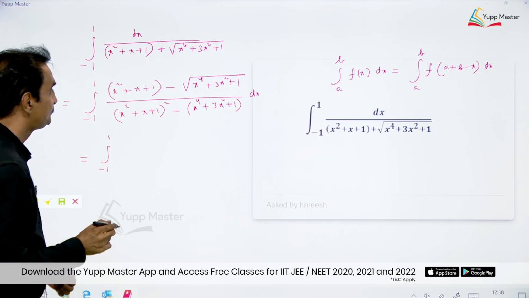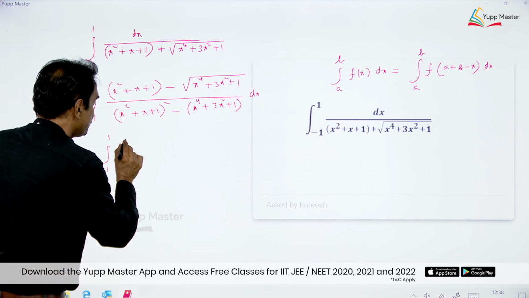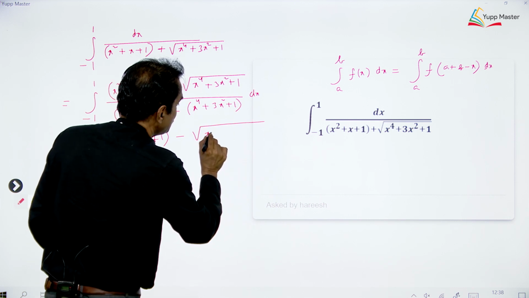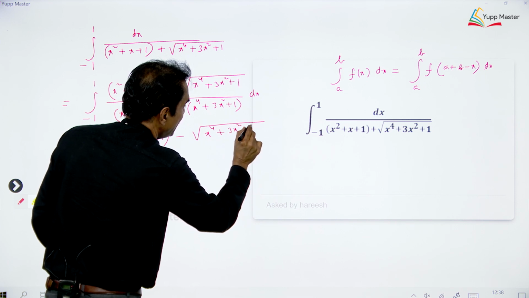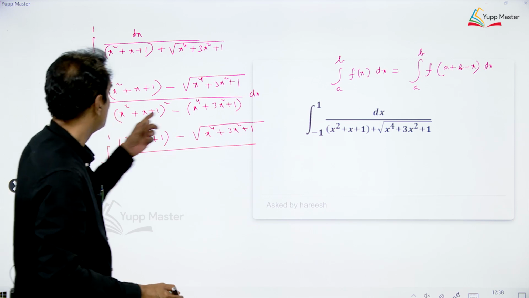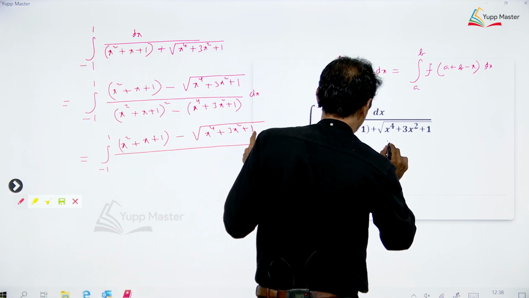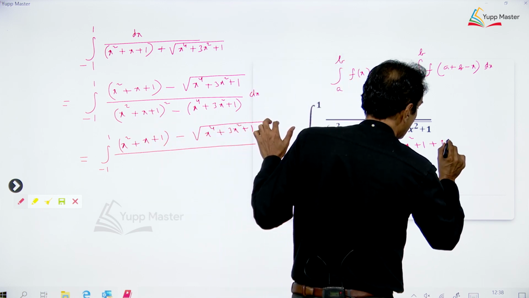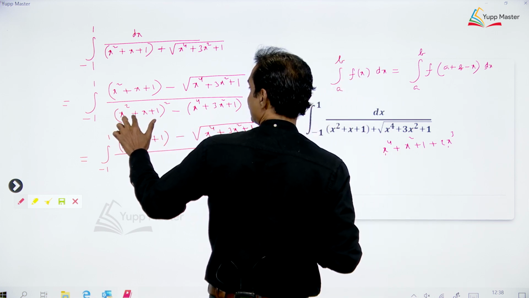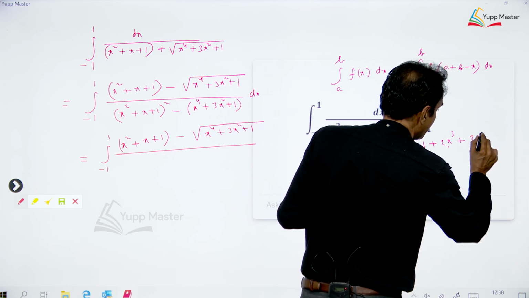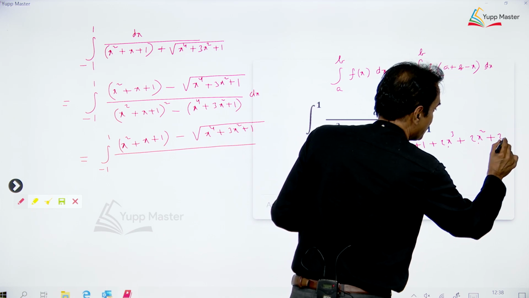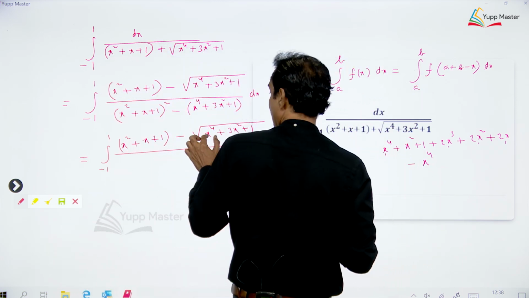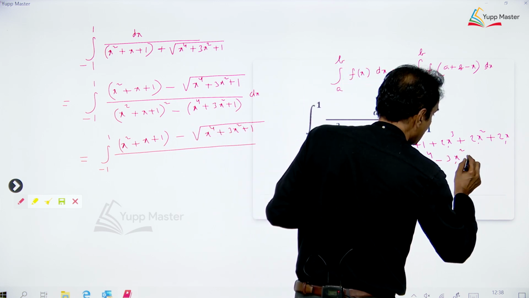Integral minus 1 to 1, write the numerator as it is, x square plus x plus 1 minus root over x power 4 plus 3x square plus 1, upon, I will expand here and see, x power 4 plus x square plus 1 plus 2x cube plus 2x square plus 2x, minus of this, minus x power 4 minus 3x square minus 1.